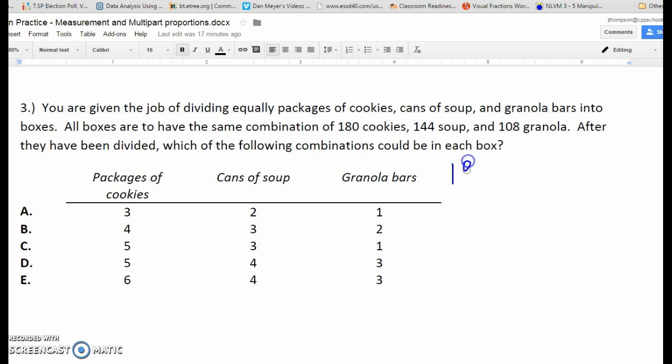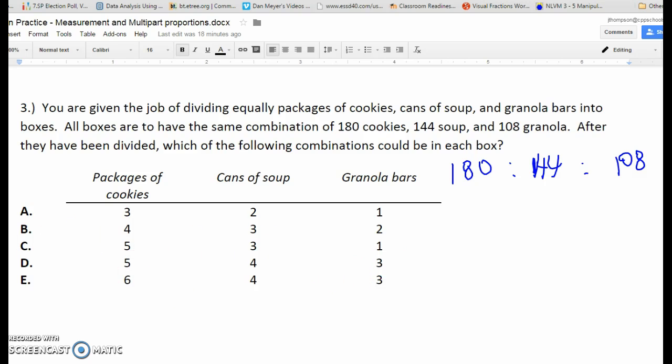You may not realize it, but this is an equivalent ratio problem, because this ratio, 180 cookies to 144 soup to 108, has to be proportional to one of these ratios. By proportional, I mean the sizes of these numbers compared to each other have to have the same relationship as one of these ratios.